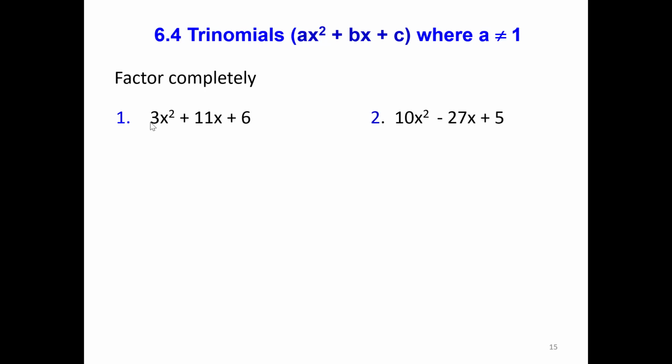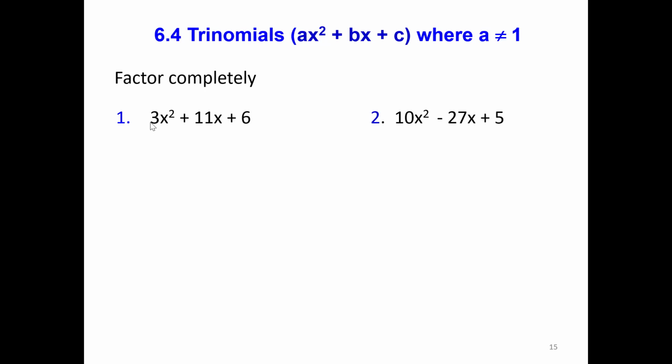There are 2 different ways we can solve this problem. One is to factor using the grouping method, and the AC method is the combination of these 2 methods. Or the other method is trial and error.